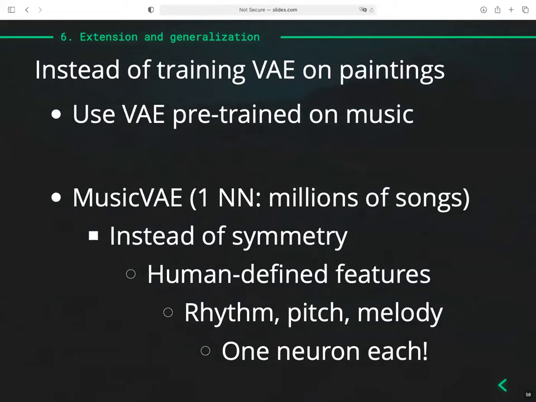So we took a pre-built autoencoder built by Google, trained on millions of songs. They build a very, very large thing. I think the important parameter here is really not so much how many parameters, but how many dimensions it has. Rather than the 200 I mentioned before, that's 512.